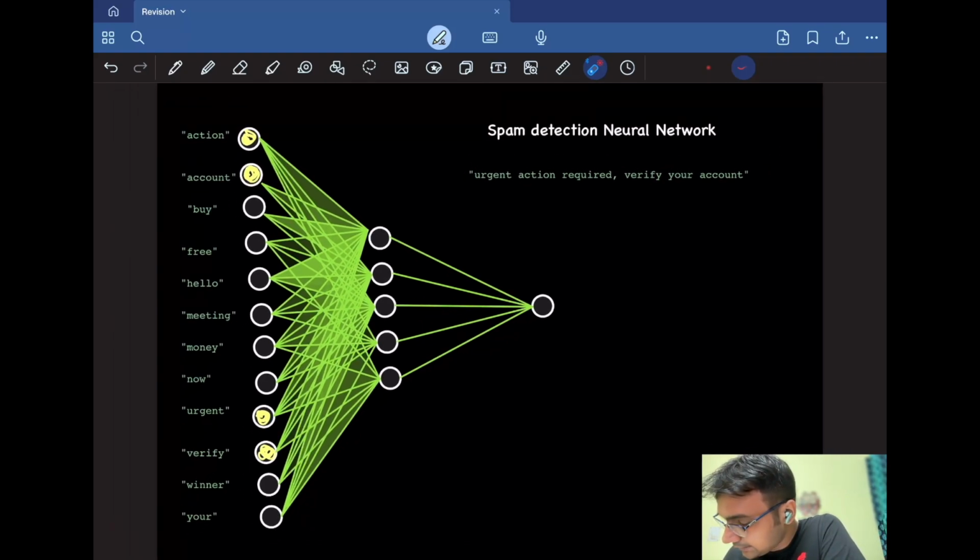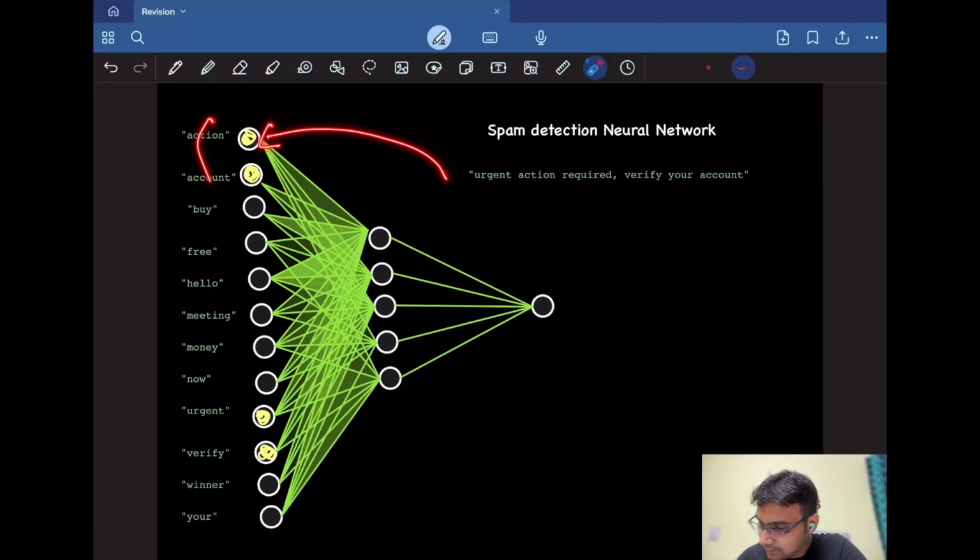Whichever words exist, that neuron will be fired up. So if action exists, this neuron will have a value of 1. Account exists, this will have a value of 1. Urgent is there, verified is there. In that way those particular input neurons will be fired up, and we will vectorize this sentence and feed it to the neural network.